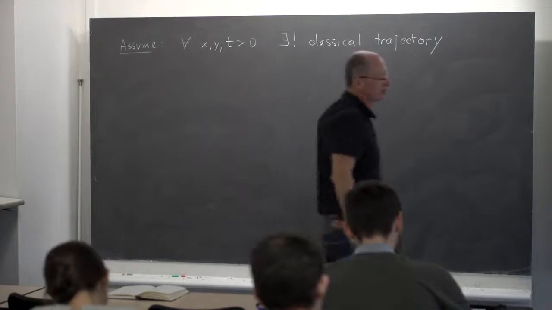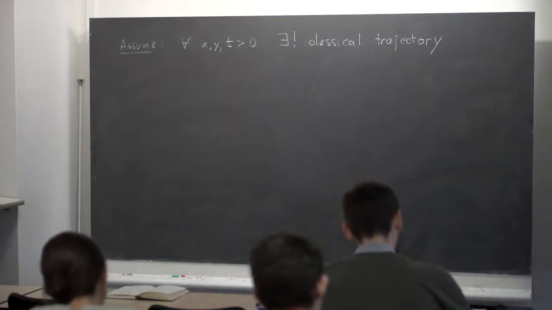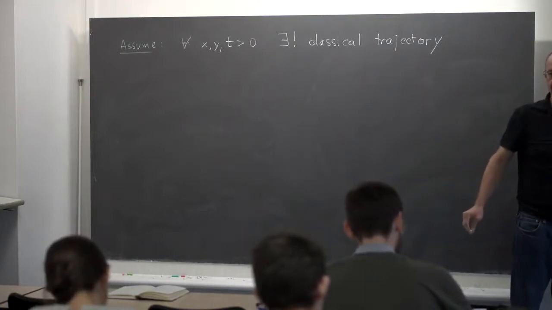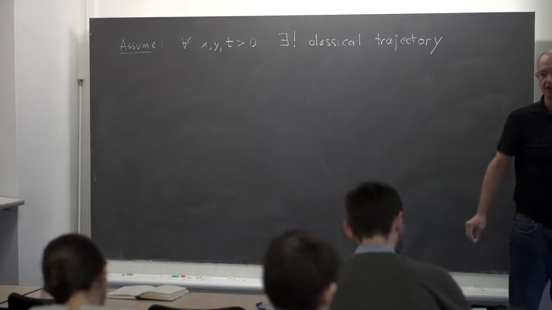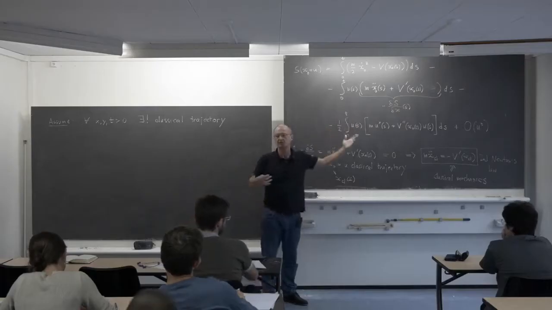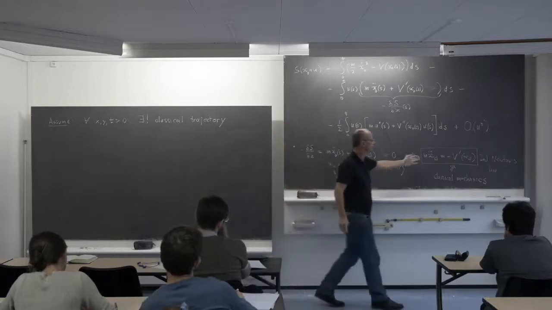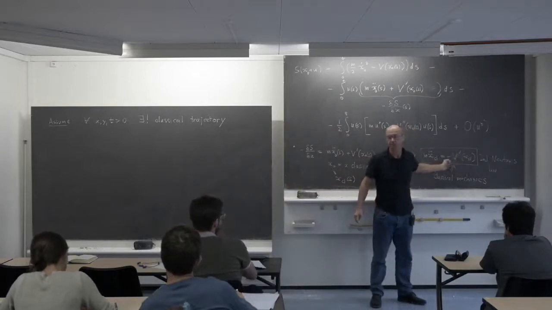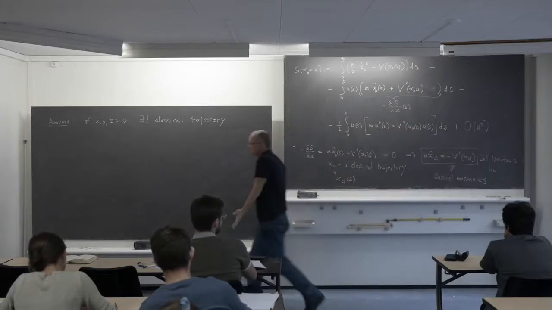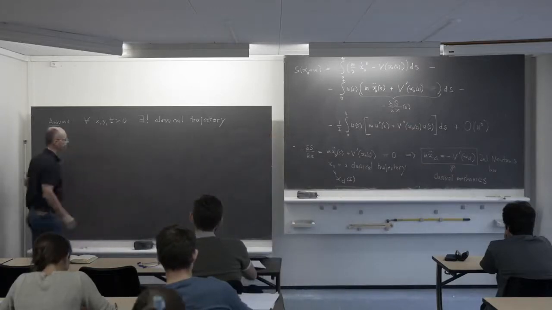Because in principle, and this does happen, we can imagine that there are many solutions to this equation which start at y and end at x in time t, right? But now let's assume that there is always only one. So this is an assumption about the system.